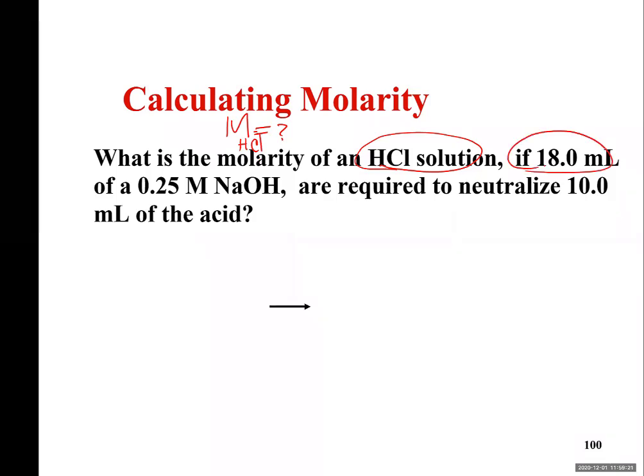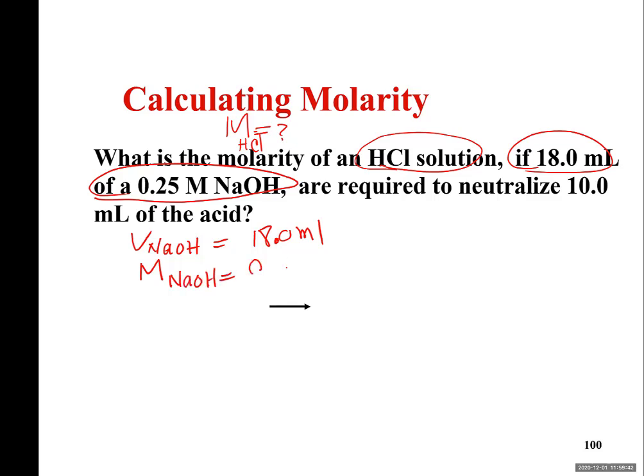If 18 mL of 0.25 M NaOH is used, so the volume of NaOH is 18 mL, and the molarity of NaOH is 0.25 M, and you have used 10.0 mL of the acid, so the volume of the acid in this case is 10.0 milliliter.